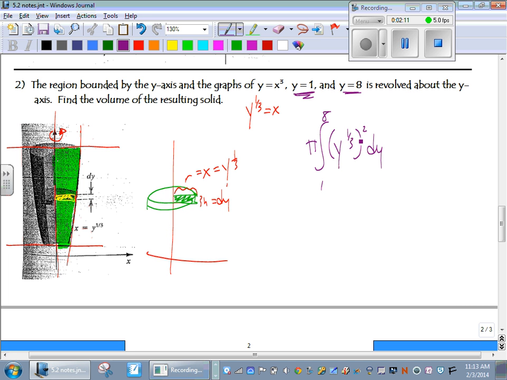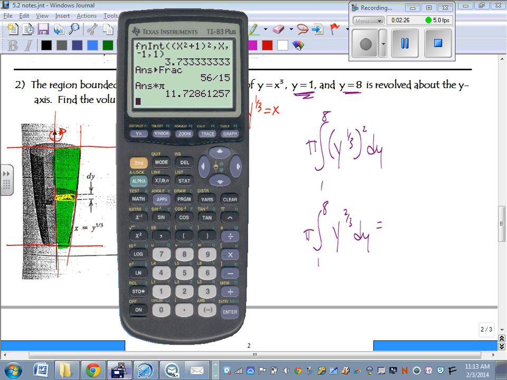We can simplify this before we put in our calculator. Y to the 1/3 squared, we multiply those exponents, we get y to the 2/3. So we can use our calculator to evaluate that. We can write it as x even though it's in terms of y on the paper.